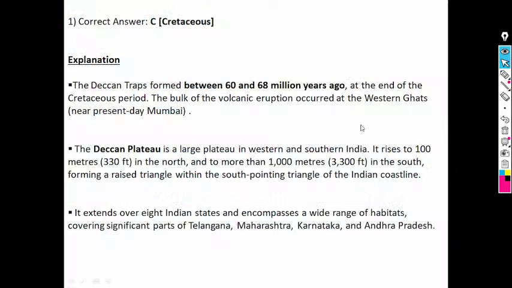We'll come to this picture again. Here we see the analysis. The Deccan Traps were formed between 60 to 68 million years ago. In a nutshell, we can say tentatively that the Cretaceous period belongs to 65 million years ago, which is at the end of the Cretaceous period.